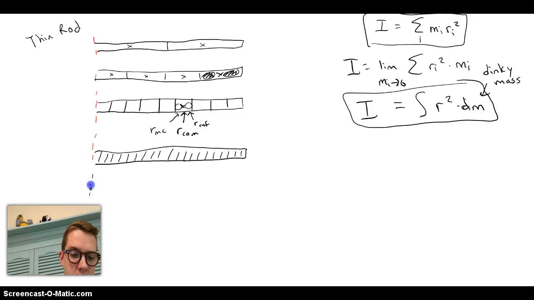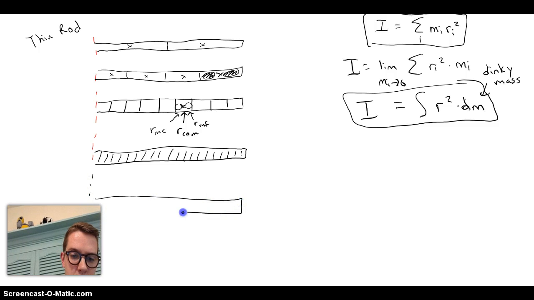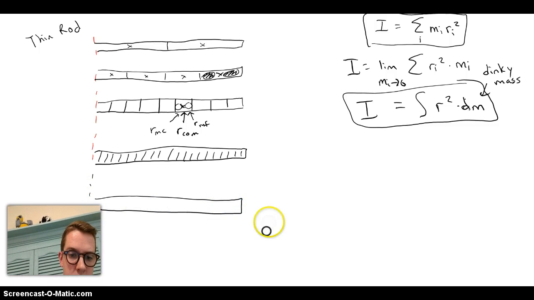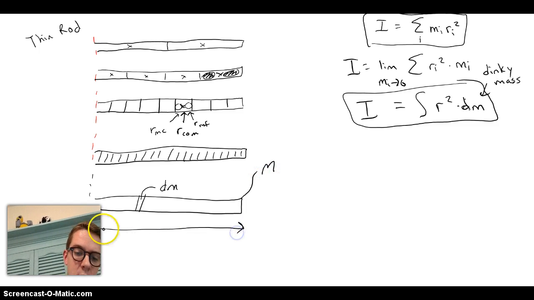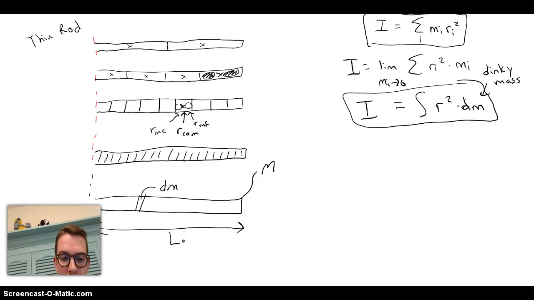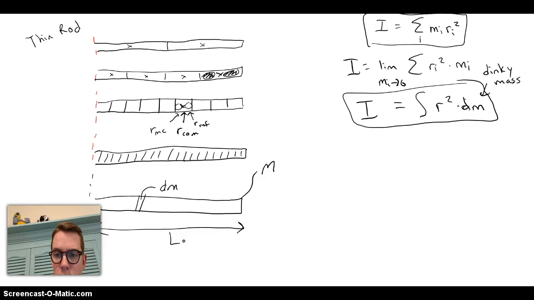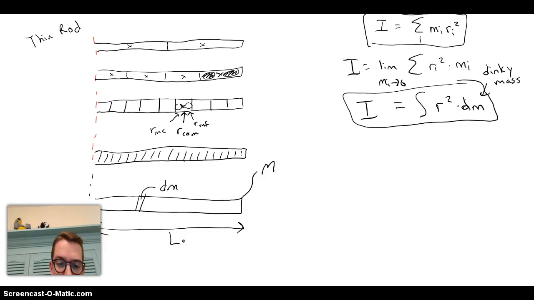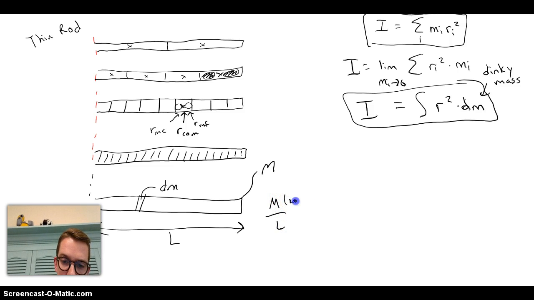So let's relook at our beam now. And we need to figure out how much mass these little chunks have. I'm going to give this beam a mass of m, and I'll say it's a length L. And so the density of this beam is m over L. It'd be kilograms per meter if I did use units.